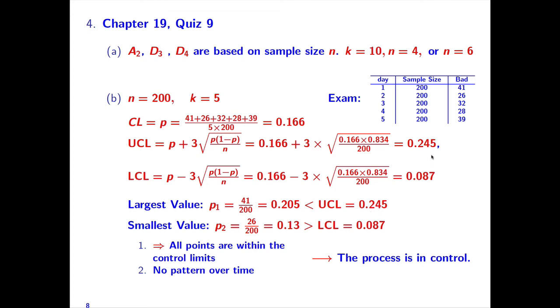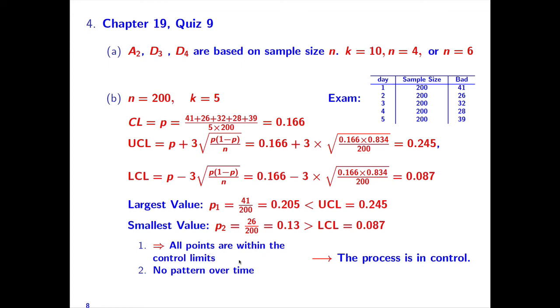Now you locate your smallest value, which is 26, and you have to convert this into a proportion. So you have 26 over 200 to give you 0.13, which is above your lower control limit. That means condition number 1 is satisfied. All points are within the control limits.